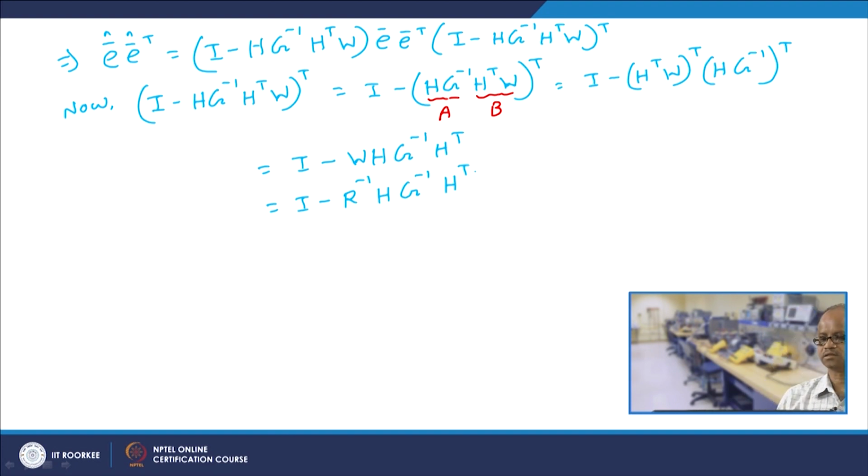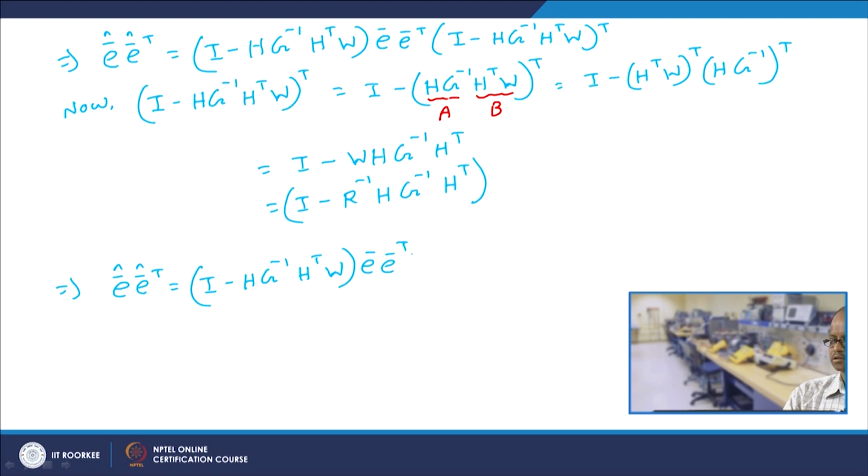So, this is the case. Then therefore, I can say that this into this is actually I minus H G inverse H transpose W into E into E transpose into I minus R inverse H G inverse H transpose.